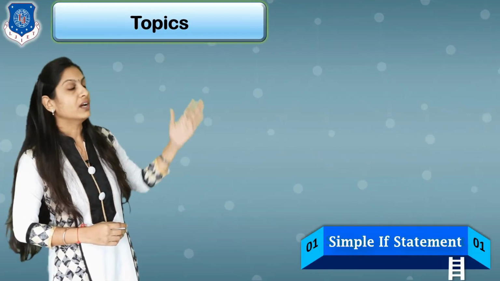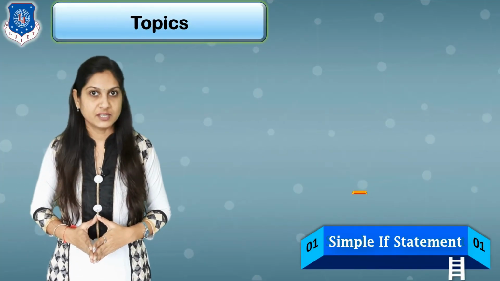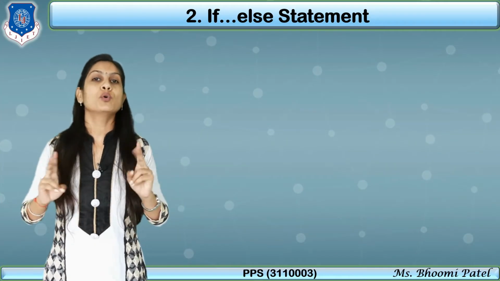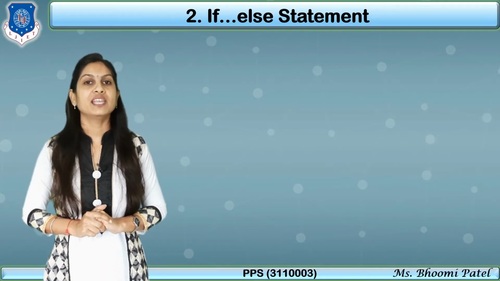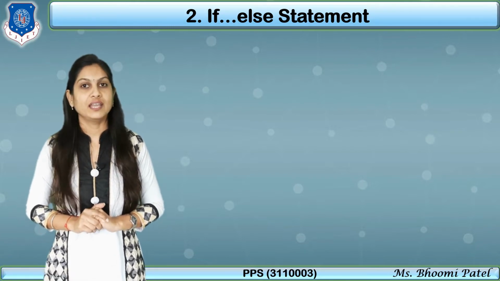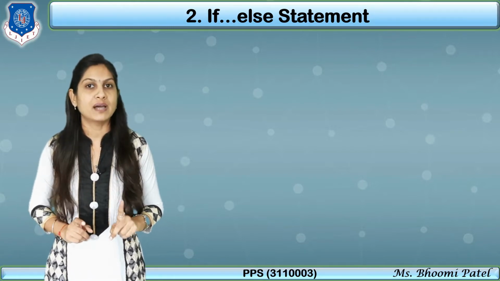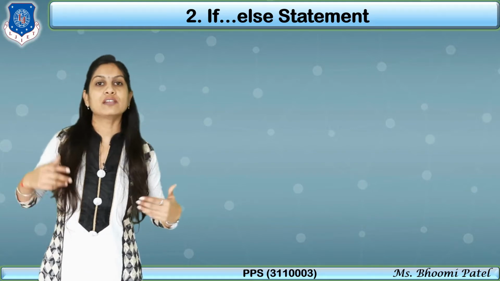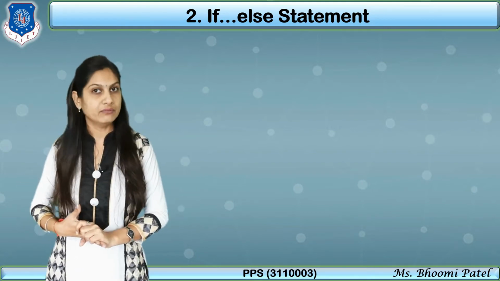Move to the second one, that is the if else statement. Here in if else statements, there are two parts, but in a simple if the drawback is what? It consists of only one part, that is true. When you have two requirements, true and false, then you have to apply if else.